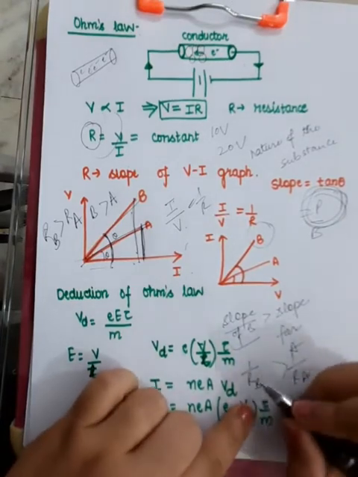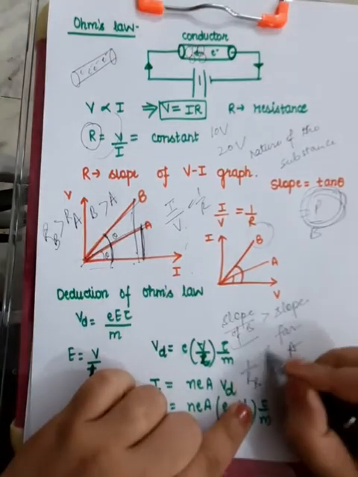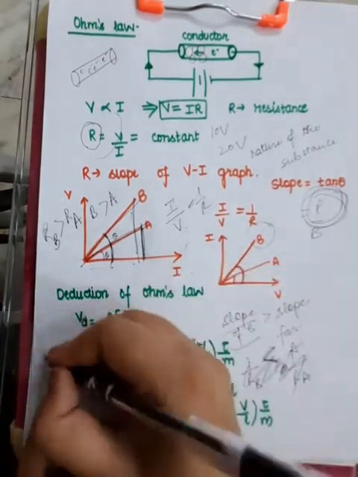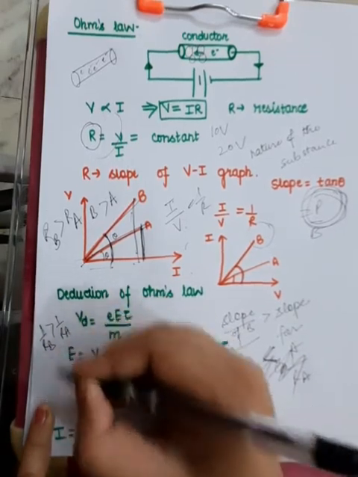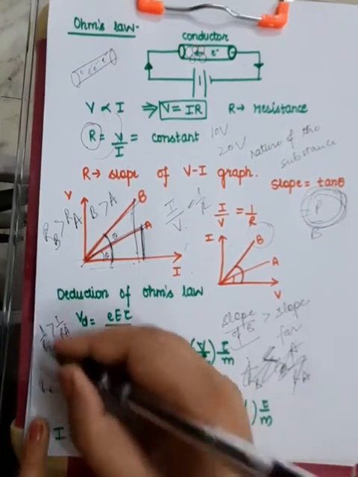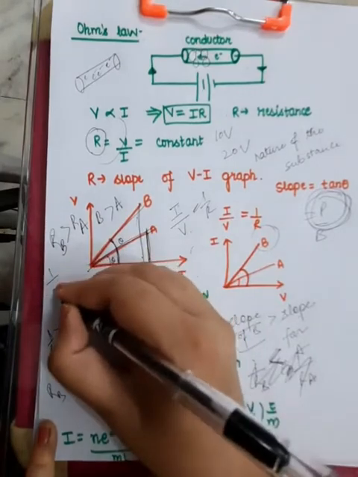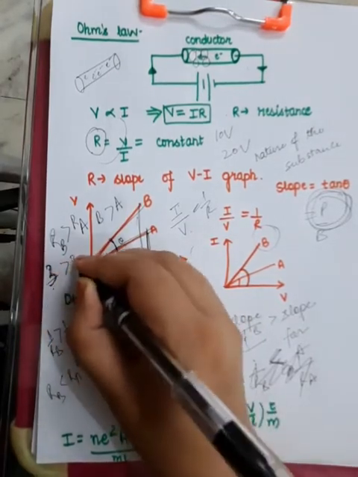So now you know that if you take the reciprocals, this sign will reverse and it will become less than. Like if you have 1 by RB greater than 1 by RA, if you take reciprocals, RB and RA, this sign will reverse. For example, you know that 3 is greater than 2.